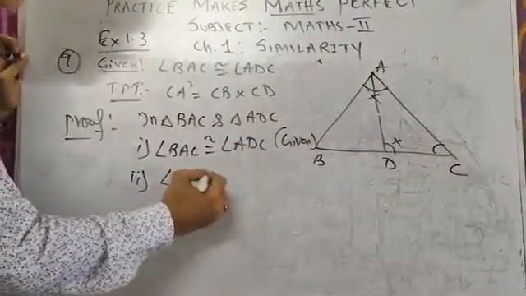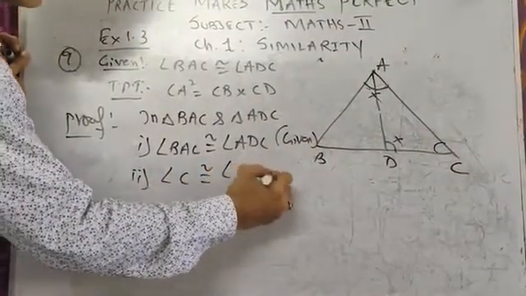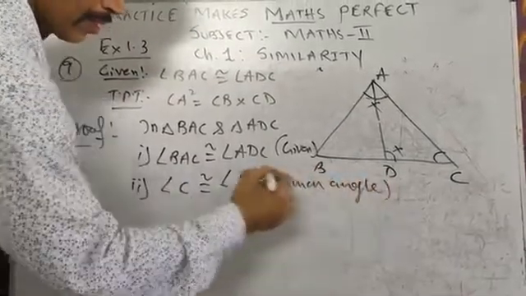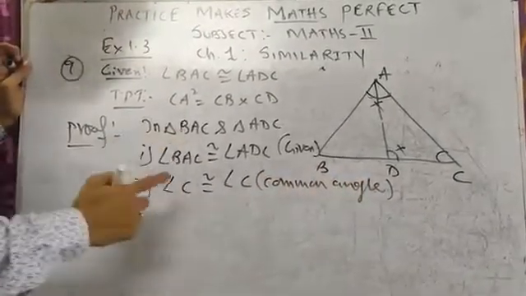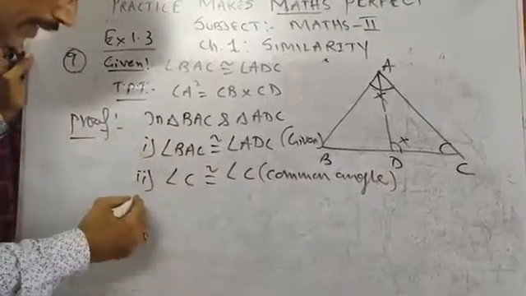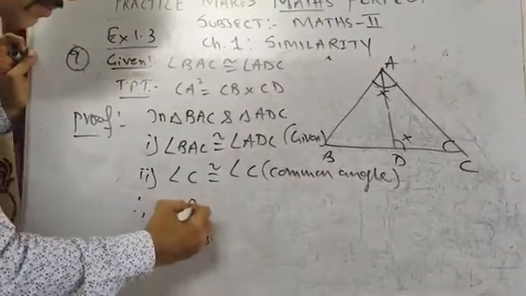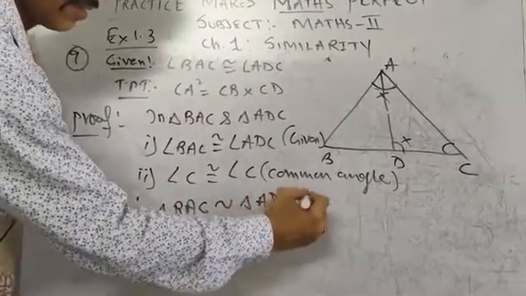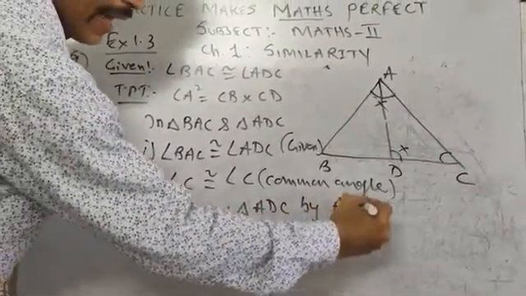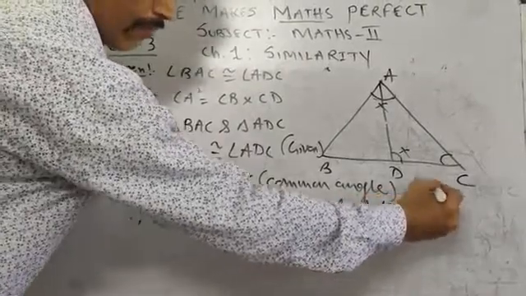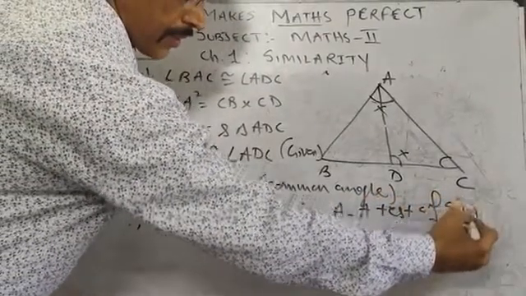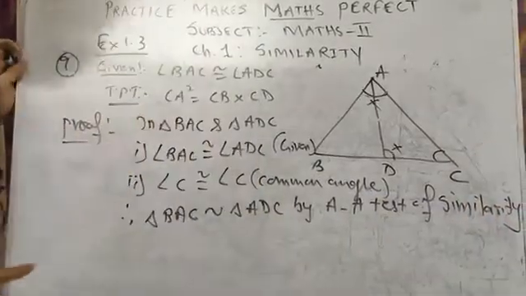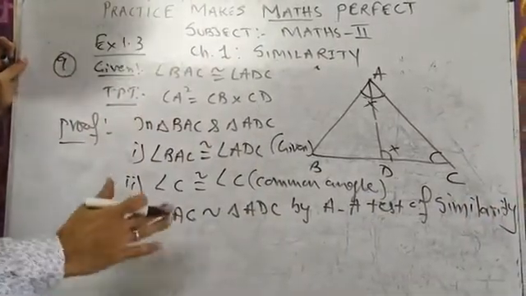Angle C is congruent to angle C. This is common angle. So both the triangles, two conditions are over. So triangle BAC will be similar to triangle ADC by angle test of similarity.